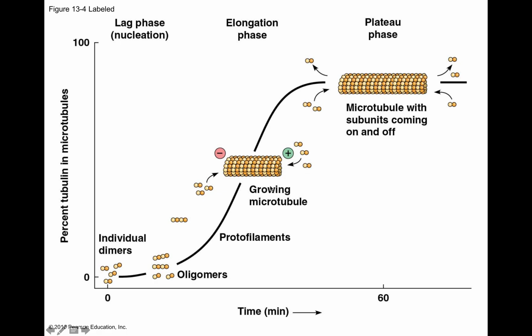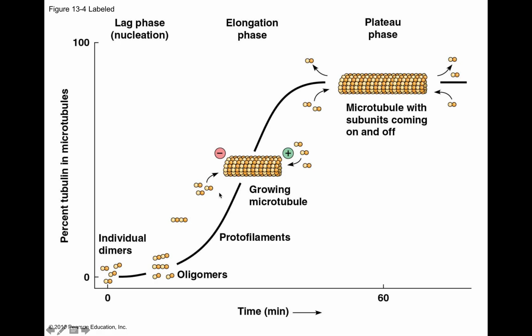Because that end tends to add on new doublets, it tends to be growing, and that's called the plus end. And the other end, which tends to lose doublets, is called the minus end. However, both the plus end and the minus end can lose or gain at any one time.